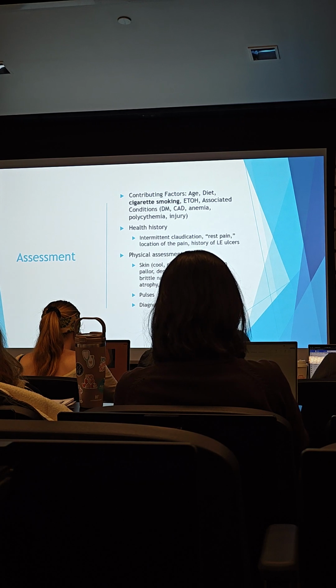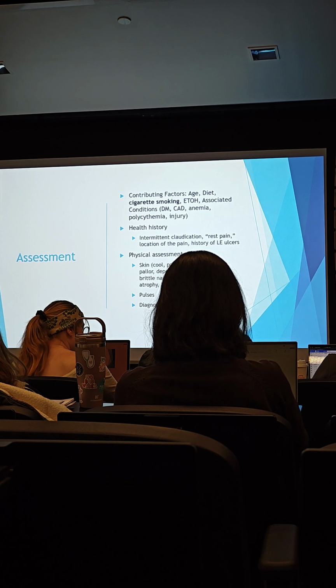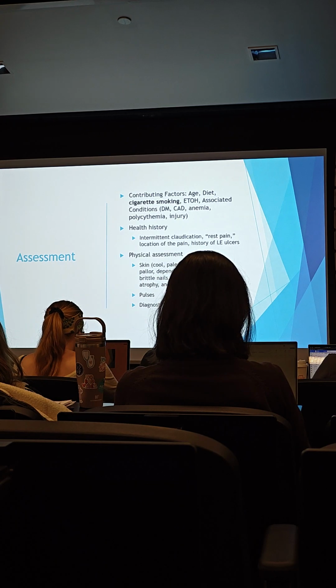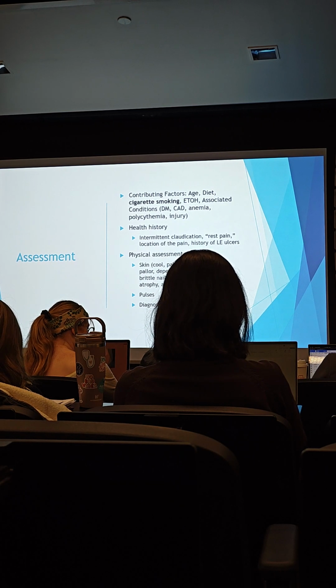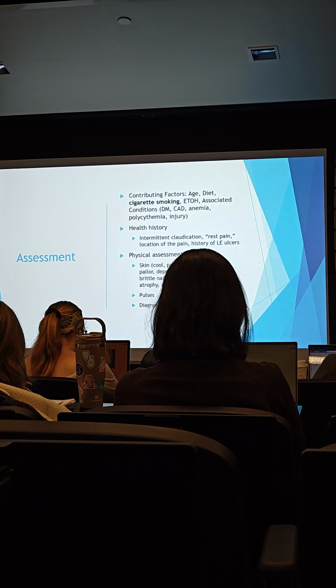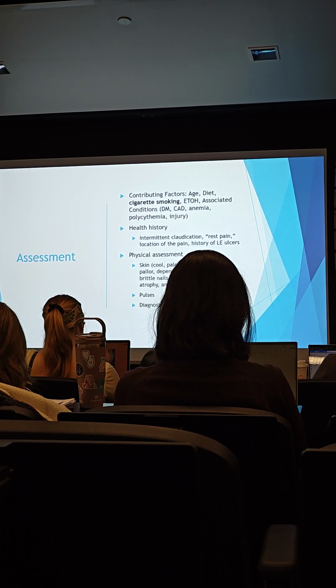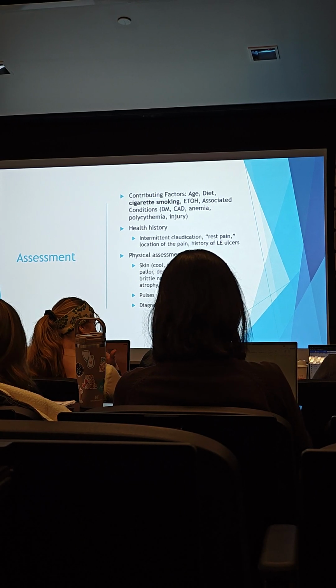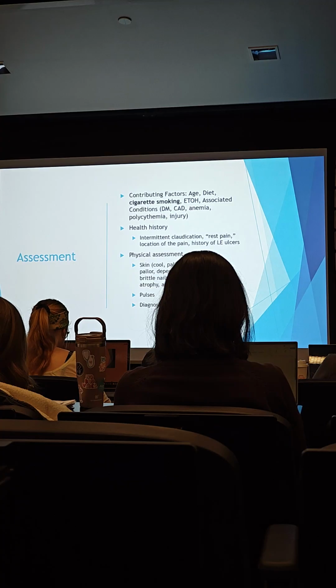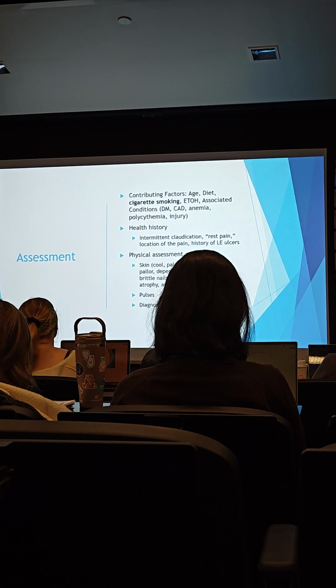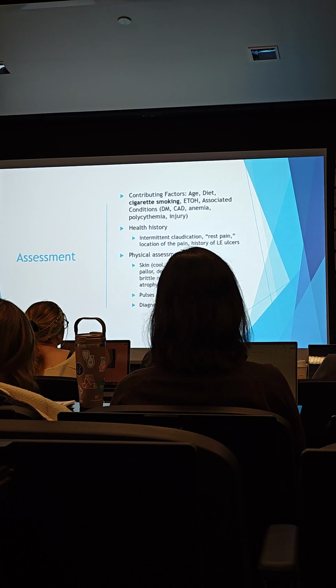And then we talk about rest pain versus activity pain. Okay, so what indicates a higher level of disease? Rest pain, right? So they're not getting adequate oxygen at rest versus when they're walking or running, when the needs are greater and the supply is not meeting the demand.